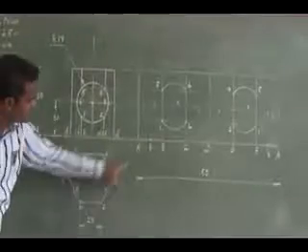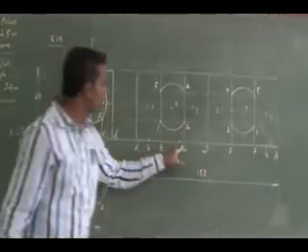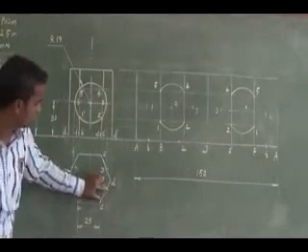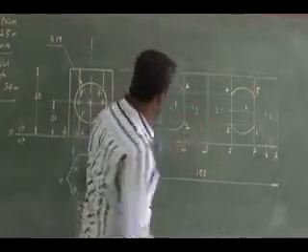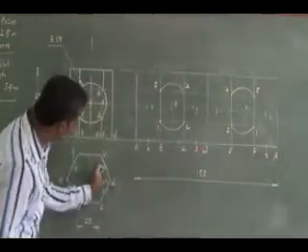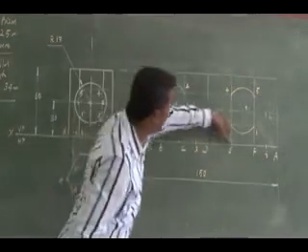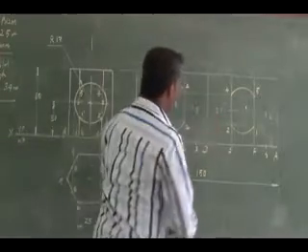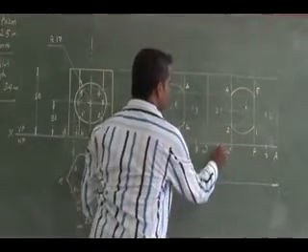Right. 3 is on CD. So in between CD, I can mark this 3. 3 distance, I can mark 3. So this is my 3. Similarly, D to E, I have to mark D to 3. I can mark it. This is again 3.